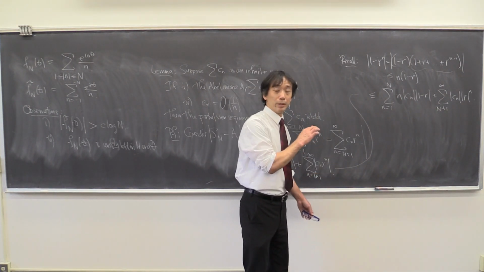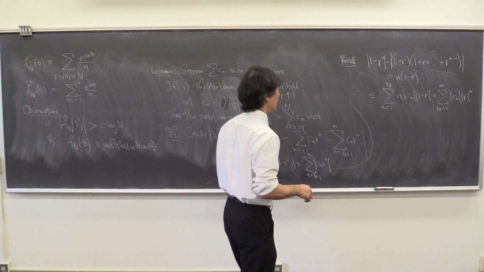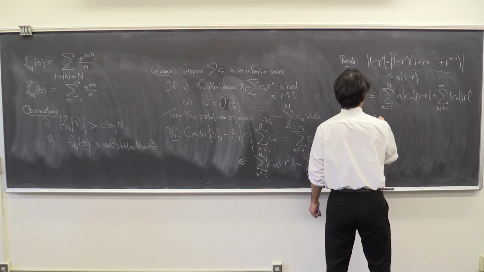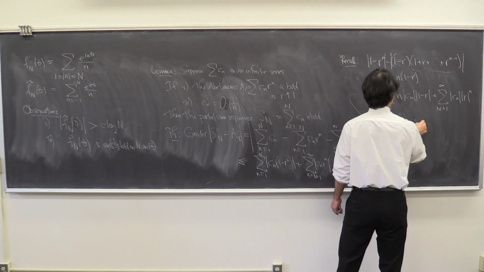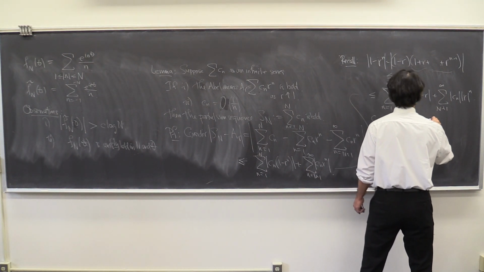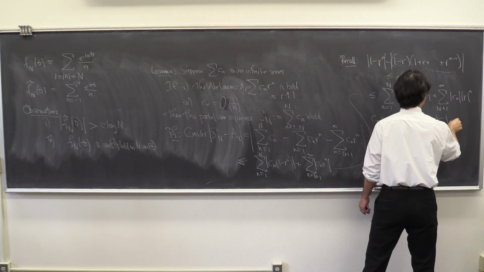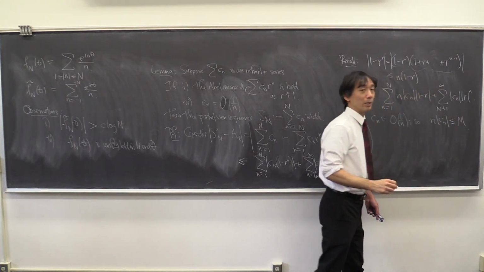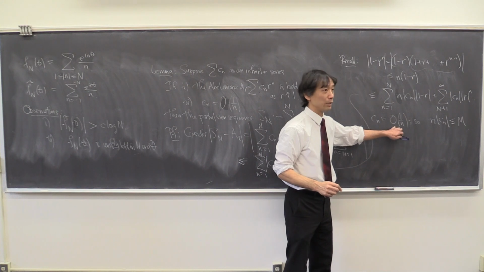So here's where the big O of 1 over n comes in. C sub n is big O of 1 over n, so we know that n times the absolute value of C sub n is bounded by some constant, capital M. Right, that's what this means.